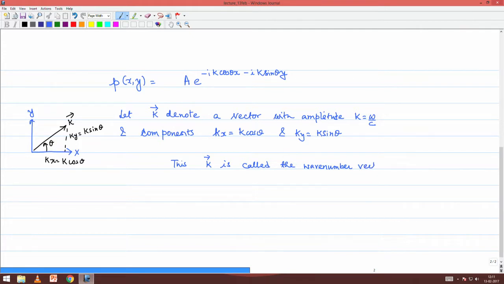Okay. Generally, when we say wave number, it is supposed to be a scalar, which has the value angular frequency divided by sound speed.